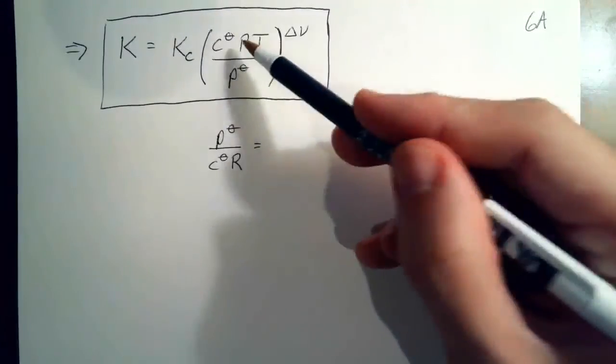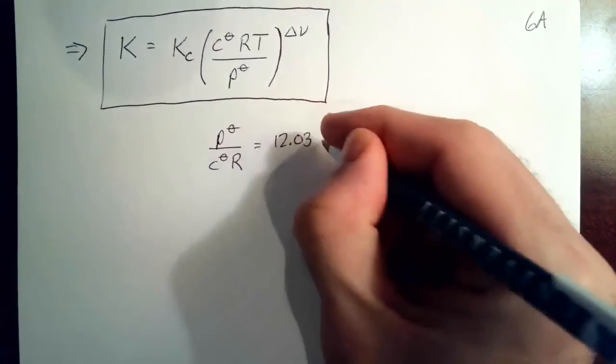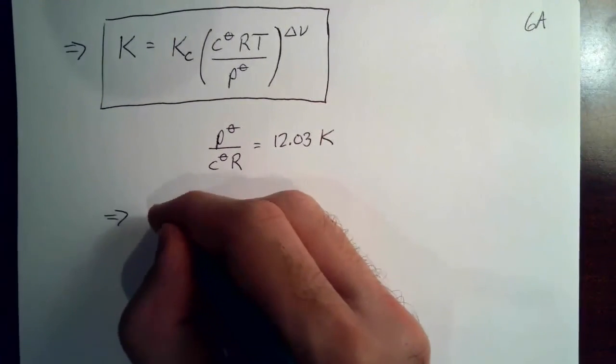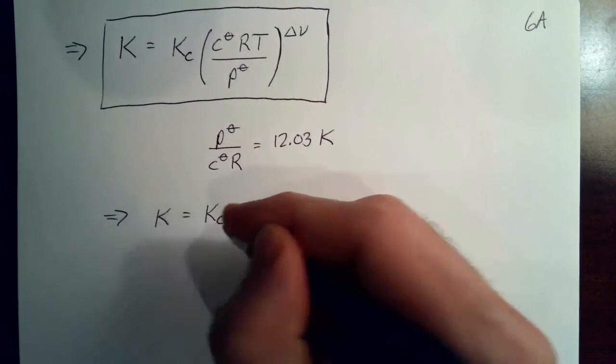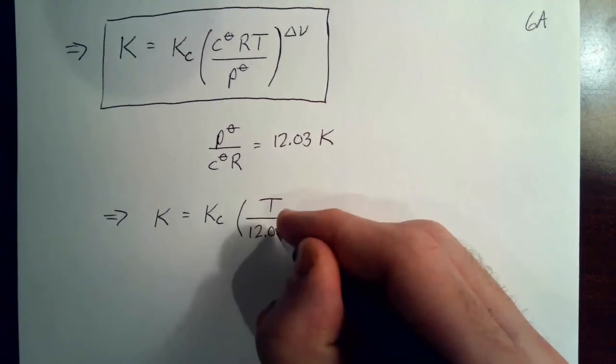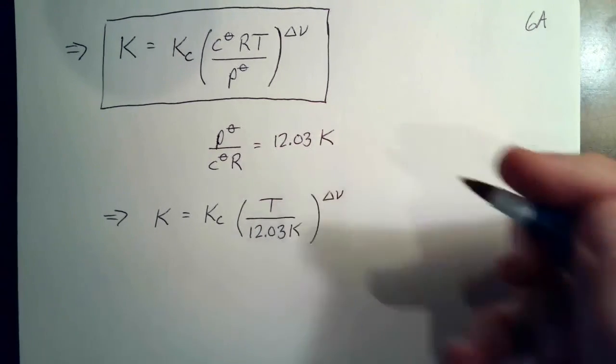P standard over C standard times R is 12.03 Kelvin. All right, so now this formula simplifies to the temperature divided by 12.03 Kelvin to the sum of the stoichiometric numbers.